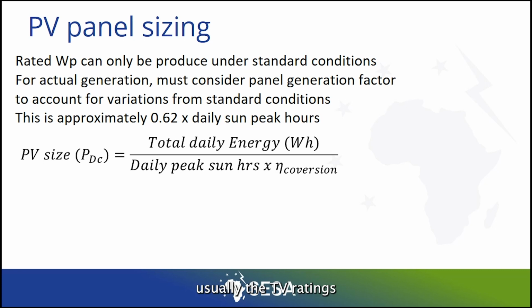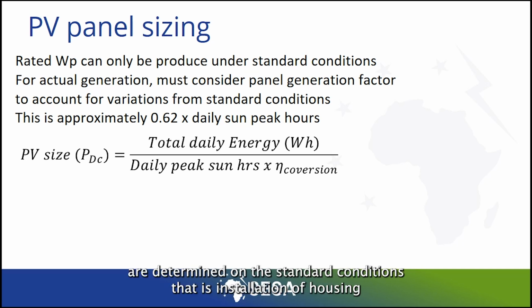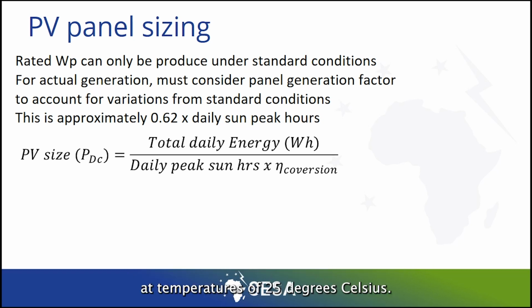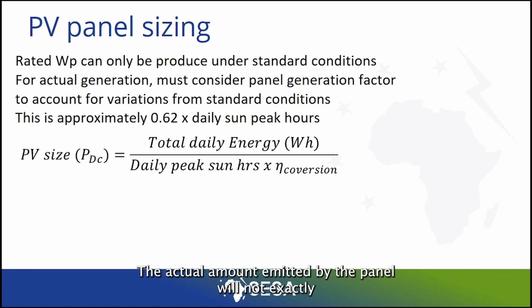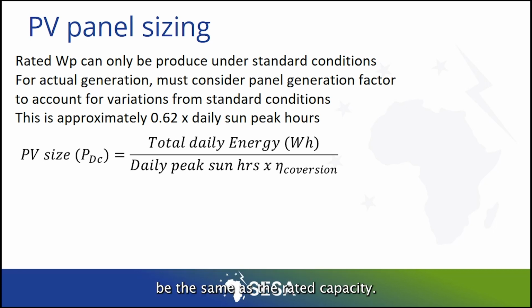Usually, the PV ratings that are indicated on the panels are determined under standard conditions, that is, irradiation of 1000 W/m² and temperatures of 25 degrees Celsius. The actual amount generated by the panel will not exactly be the same as the rated capacity.